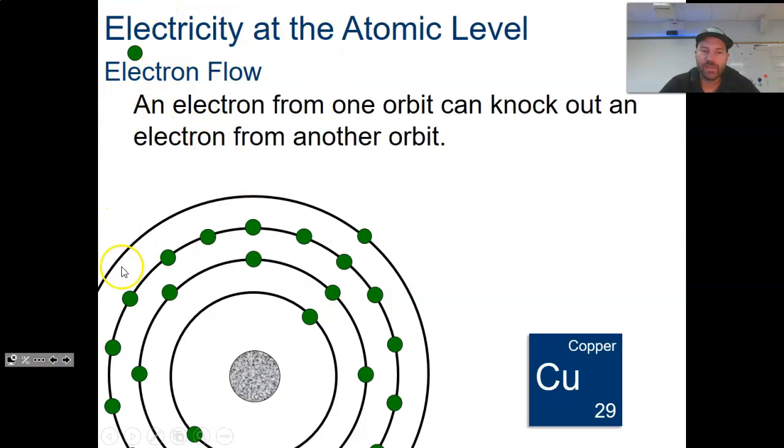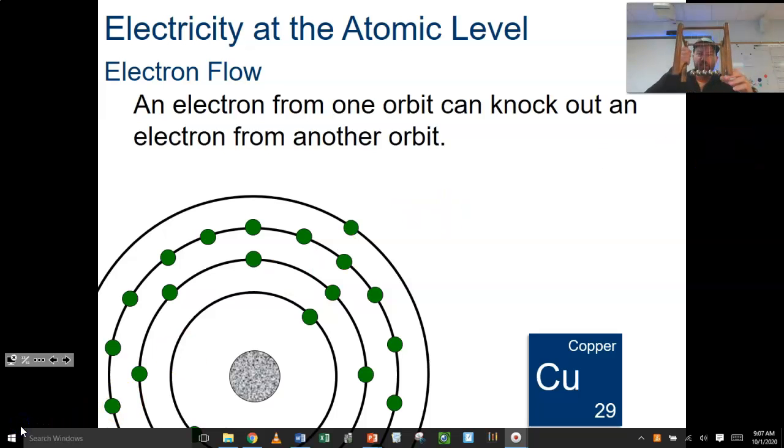Electricity at the atomic level. So what's going to happen here, here's copper again, and you're going to have an electron come in. It's going to knock free one of those electrons, and it's going to push it on down the line. You remember those Newton's cradles? These things right here? I don't know if you've ever seen these.